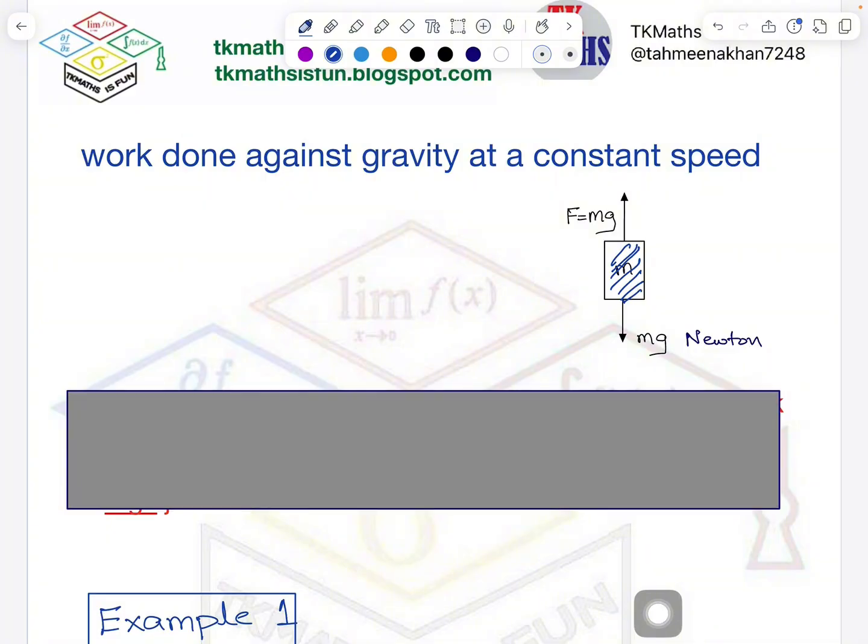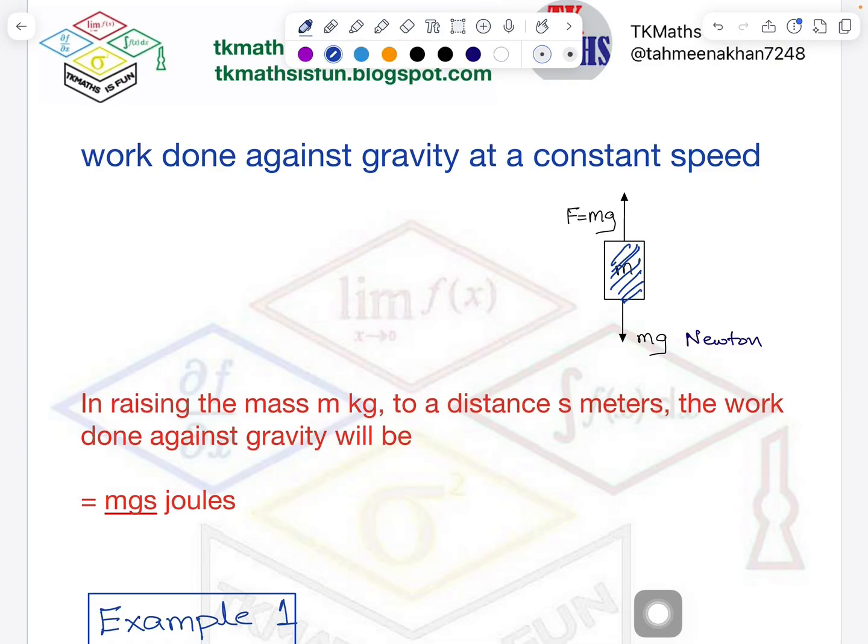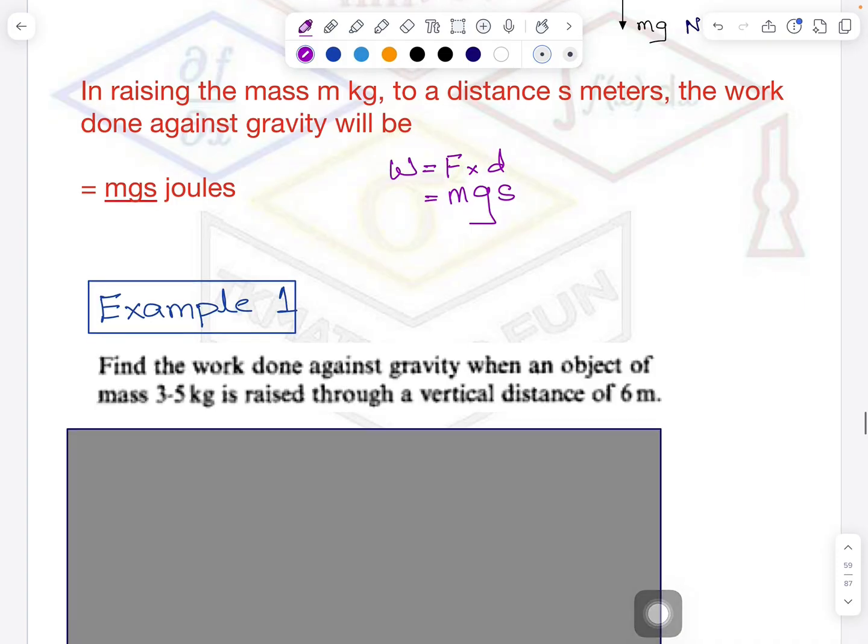So the upward force will be mg if it is moving up with a constant speed. Correct? So if you're talking about work done against gravity when you are moving it up with a constant speed, according to the definition, the work done is force into distance. So in this case, your force will be mg, and distance you can represent by d or by s, your choice.